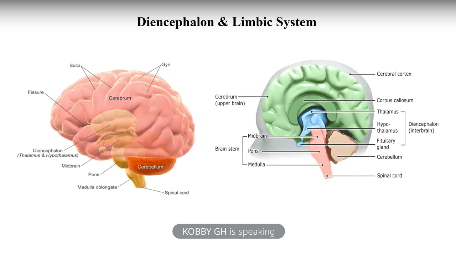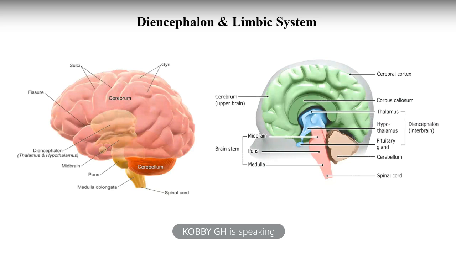And remember, the diencephalon is like a relay structure. It's responsible for homeostasis, hormone regulation, and also your sleep regulation. I told you the pineal gland is part of the diencephalon, and the pineal gland plays a role in your sleep regulation.